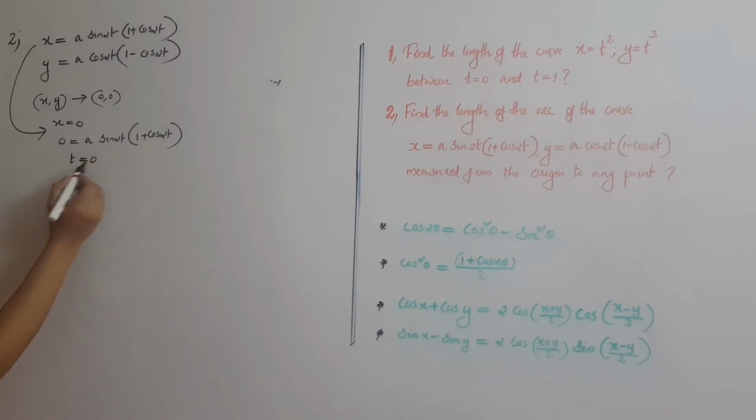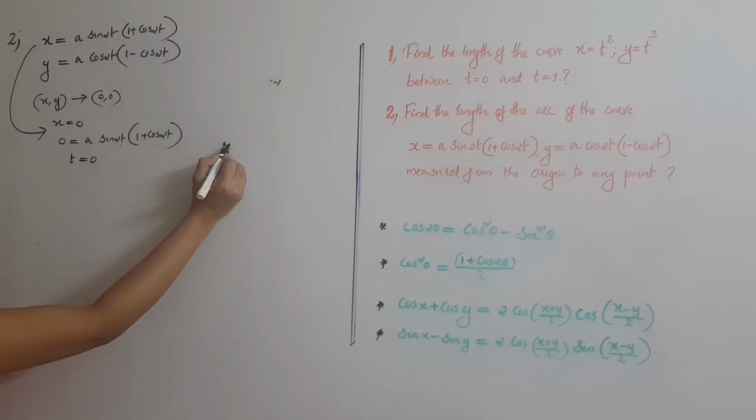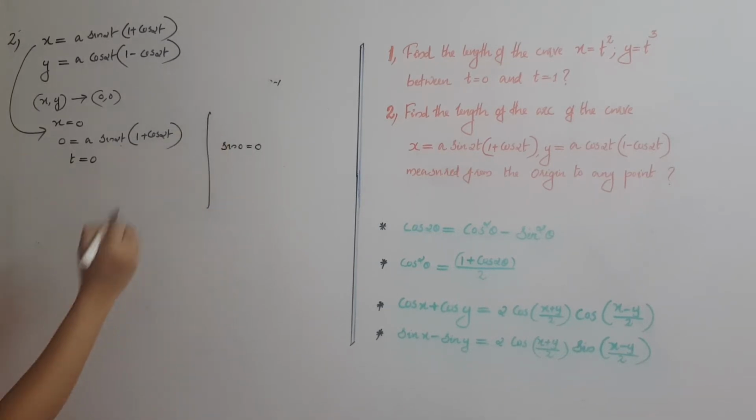Then sin 2t is equal to 0 means what is the value of 2t? Sin 0 is 0, so t becomes 0. Now you have to find the length of arc of the curve from origin to any point, so we can choose an arbitrary point t. So the limit varies from t is equal to 0 to t, where t is any point on the curve.